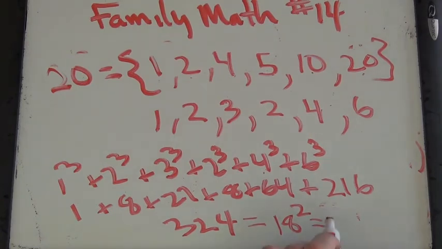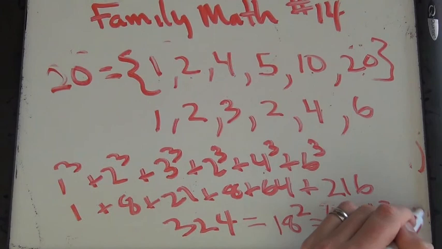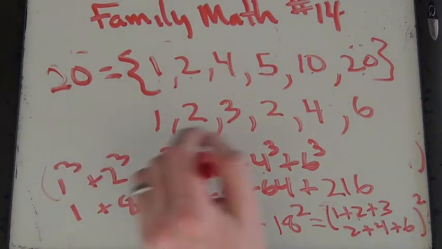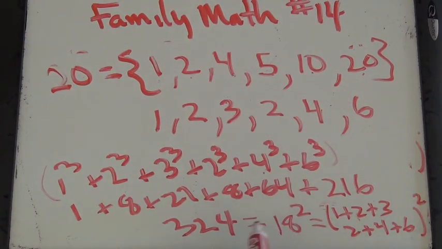You know what 12 plus 6 is. 18. Very good. So again, the sum of the cubes is equal to the square of the sum.